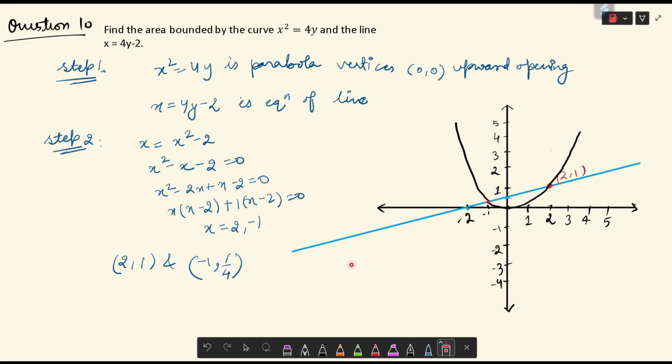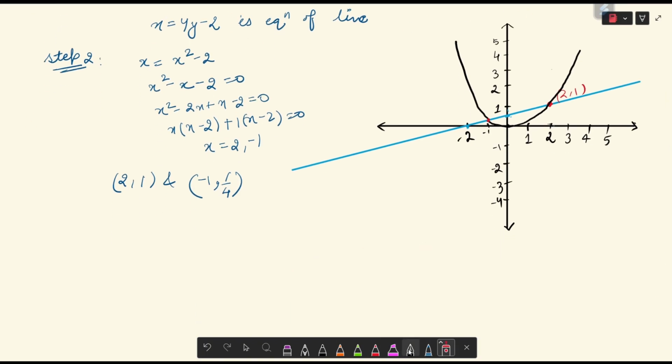Okay, to draw the line, we need to find out the points. Okay, let us do that. Step 3, we need to plot the curves, and for plotting, let me make this for the line.